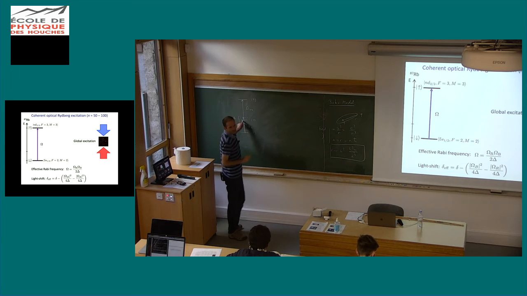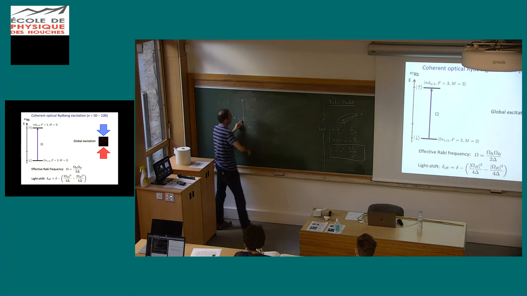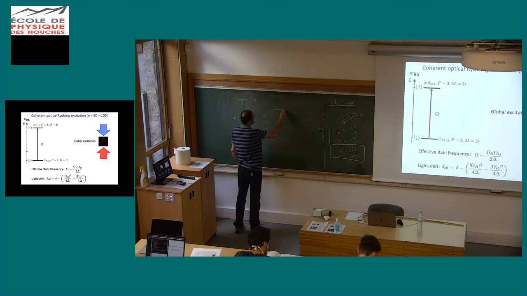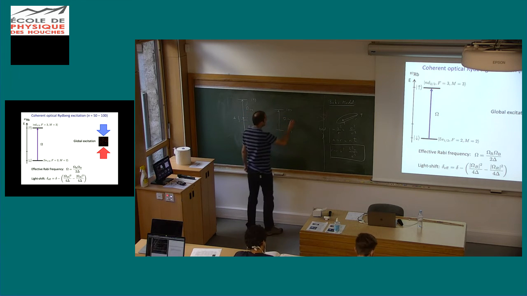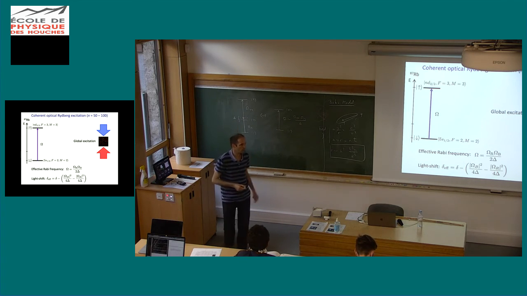And if you adiabatically eliminate this state, which is to say you apply perturbation theory when this population is completely negligible, and it has to be because you are not on resonance, then you find out that this system is exactly equivalent to a two-level system with only two states, with an effective Rabi frequency, which is omega 2,3 times omega 1,2, divided by delta. There are factors of two, but they are not too important.